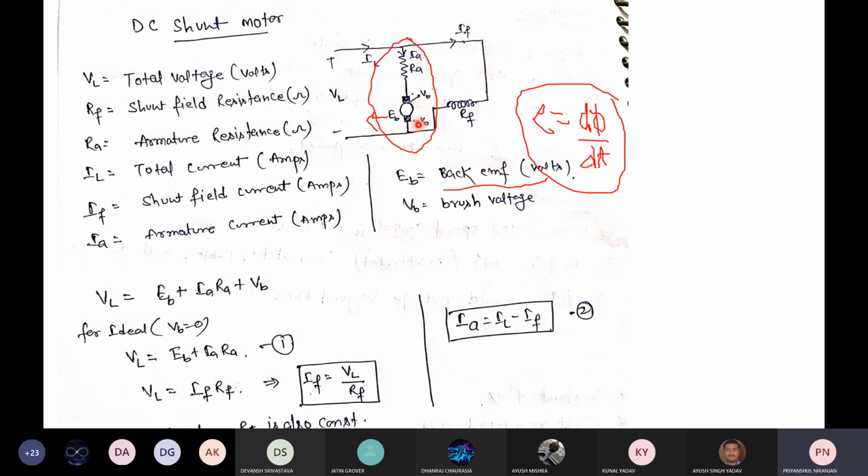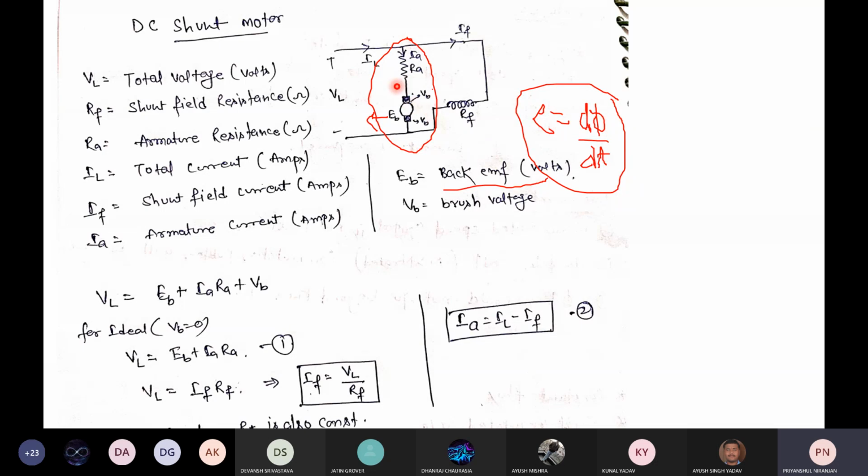Here is the circuit of the armature winding. For clear understanding, I have connected the armature resistance, so you can apply KVL and KCL in an easy way.